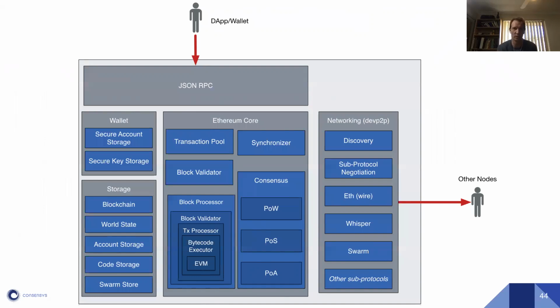You've got the JSON RPC, which is where your DApps interact with. That's going to take those requests, put them into the Ethereum core, probably pass them off to the networking layer. The networking layer is going to distribute it across to the other Ethereum clients. And then from there, it's going to come back into your Ethereum core and get stored.